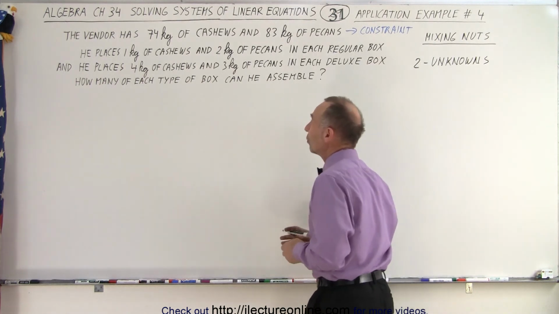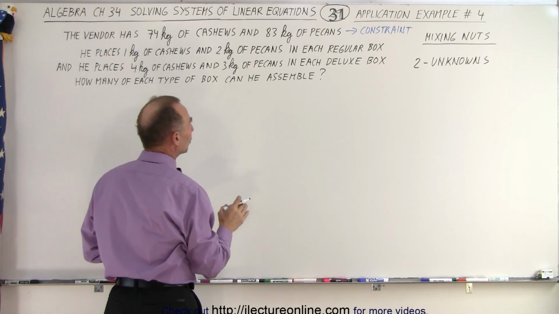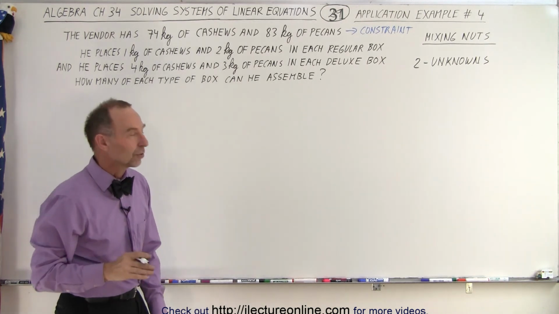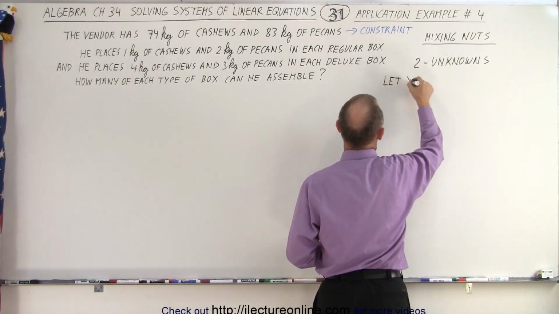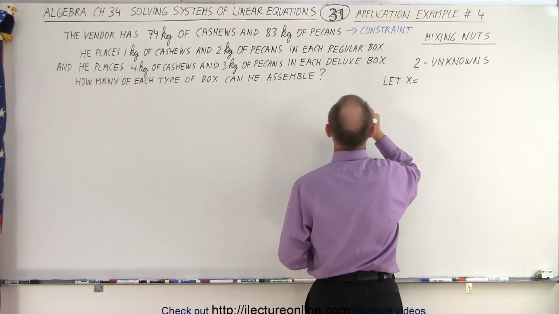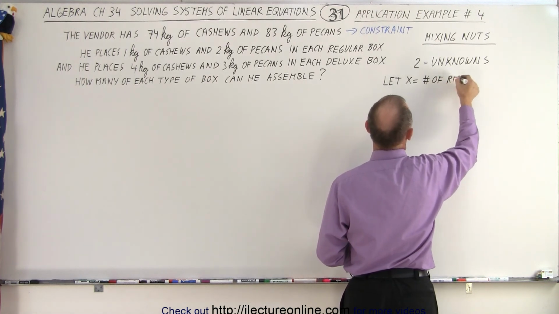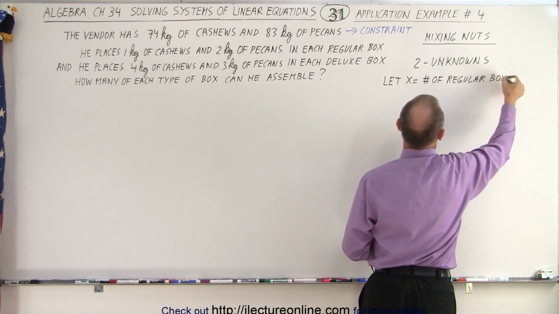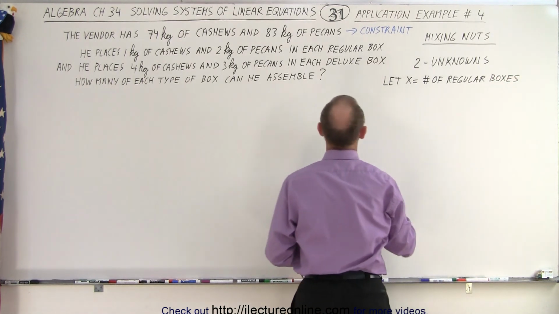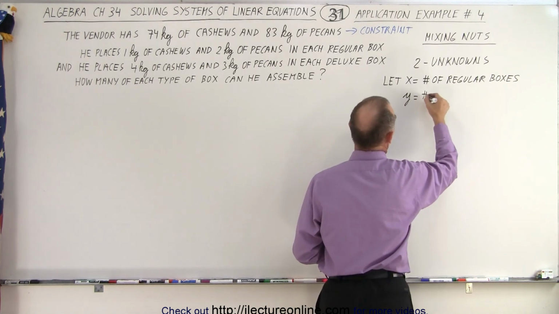So the two unknowns are the number of regular boxes, and the other unknown is the number of deluxe boxes. So let x equal the number of regular boxes, and let y equal the number of deluxe boxes.